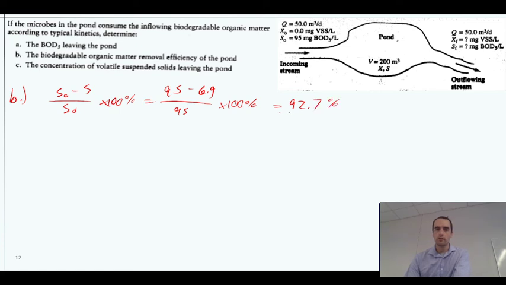So the pond itself did a pretty good job given these conditions. It makes sense that a wastewater stabilization lagoon, which is an engineered pond, can do a decent job.